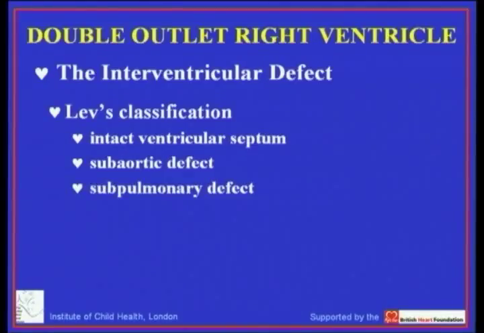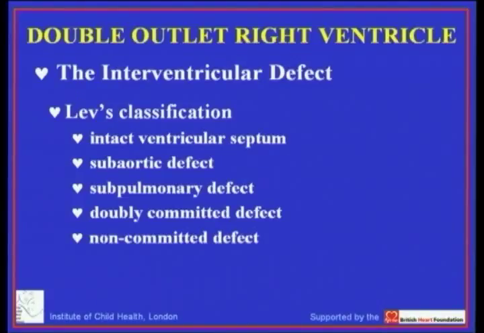And we can now continue that approach to the ventricular septal defect, because what I'm going to show you is that the essence of the doubly committed defect is that the muscular septum is lacking, the muscular outlet septum, and so that then permits the defect in the same place to look into either the aorta or the pulmonary trunk, and hence to be doubly committed, whilst when the defect is not between the limbs of septomarginal trabeculation, that is when it becomes non-committed.